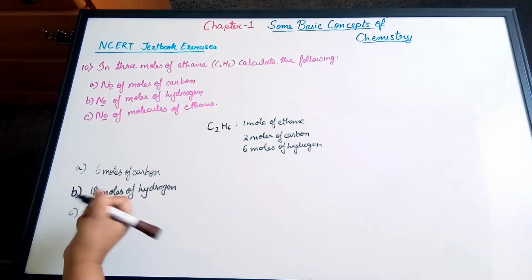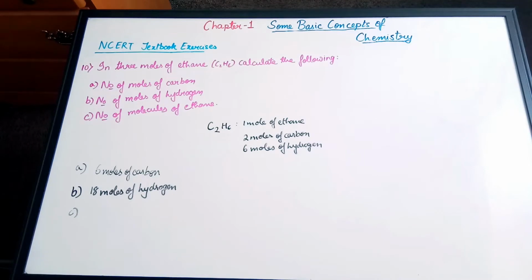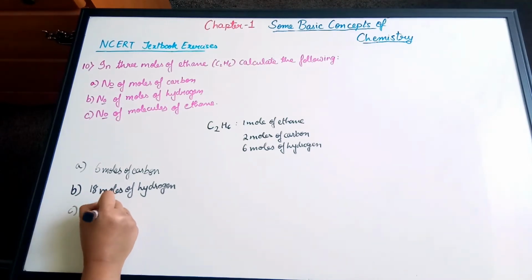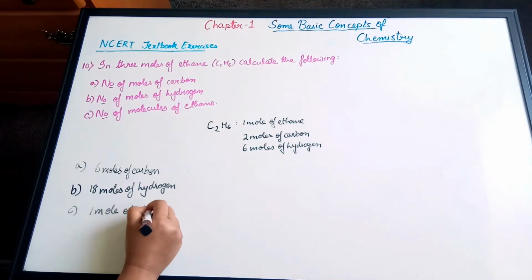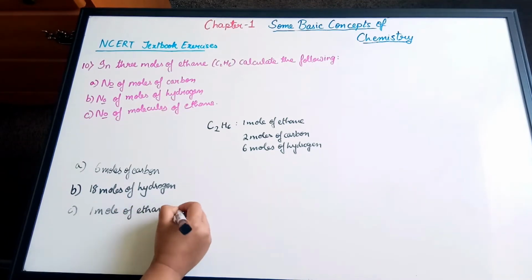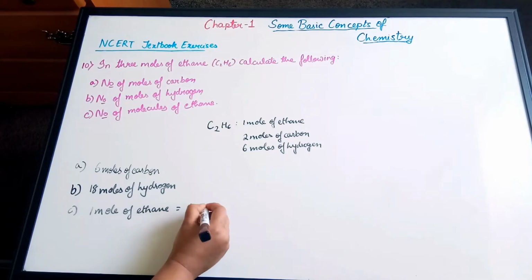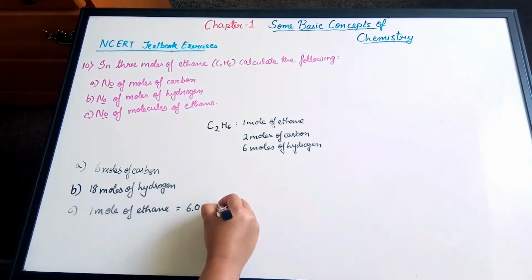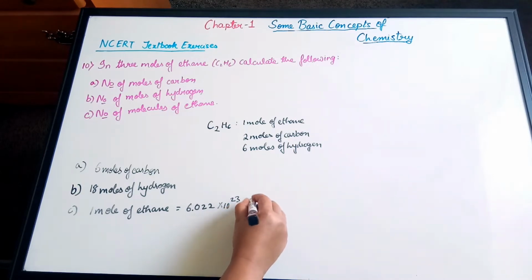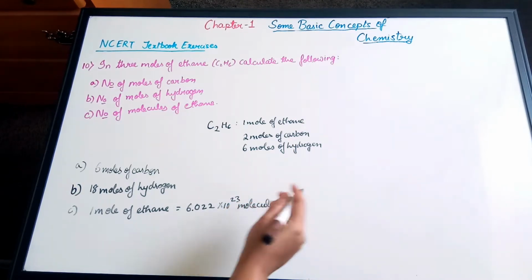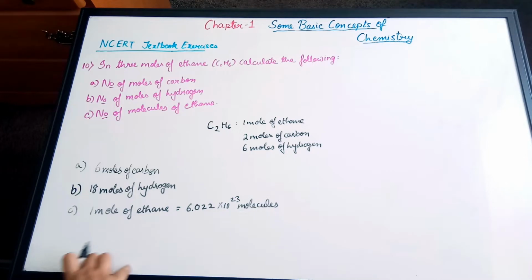And the third one, we need to calculate the number of molecules. So 1 mole of ethane has 6.022 into 10 to the power 23 molecules, because that's the basis of our mole concept.